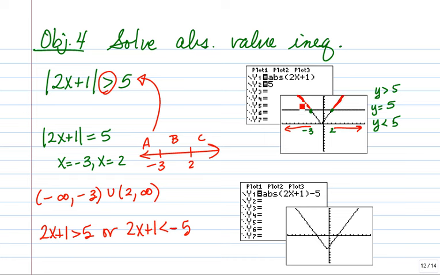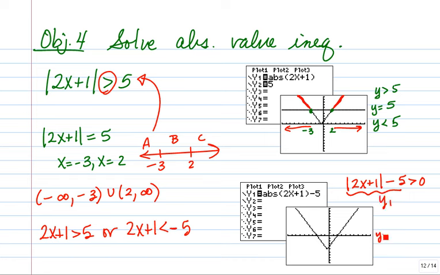Now, another method that we talked about in an earlier section is to look at where it's greater than 0. So a thing that's equivalent to this inequality is that the absolute value of 2x plus 1 minus 5 is greater than 0. So remember how we can input this into y1 and then find where it's greater than 0.